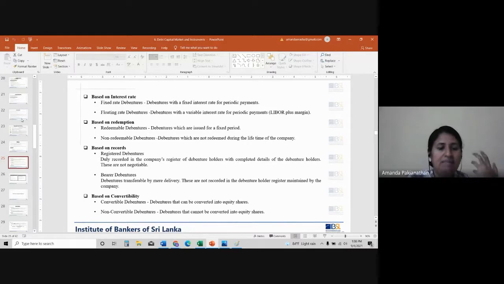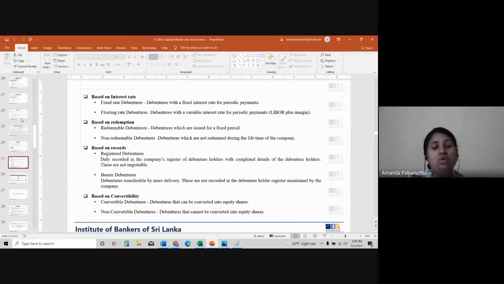Based on records, you can classify debentures as registered and bearer, but again most of the debentures that you see are bearer debentures. Why? These tend to be listed debentures. Then again, you can classify debentures based on convertibility, but a pure debenture is a non-convertible debenture, so it stays in the form of a debt instrument from the date of issuance until its maturity.